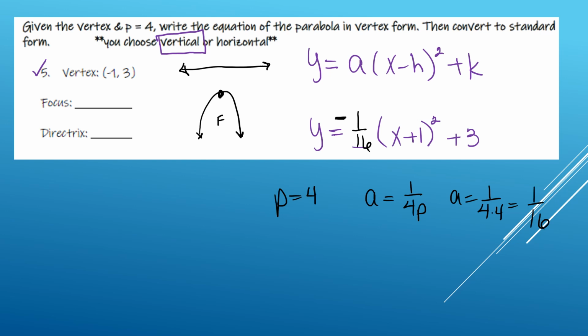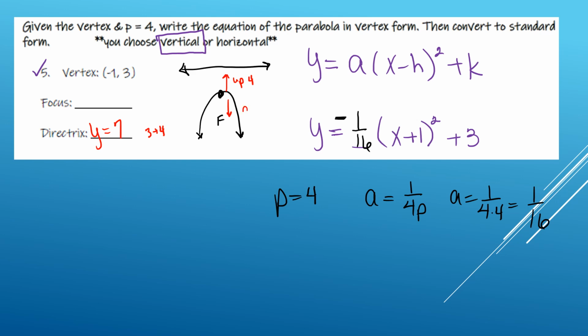I know that the p value, I have a distance of 4. So from the vertex, I need to go up 4. So 3 plus 4 gives me 7. So the equation of that line would be y equals 7. And that's to get the directrix. I'll also need to travel down 4 to be on the interior of the function.